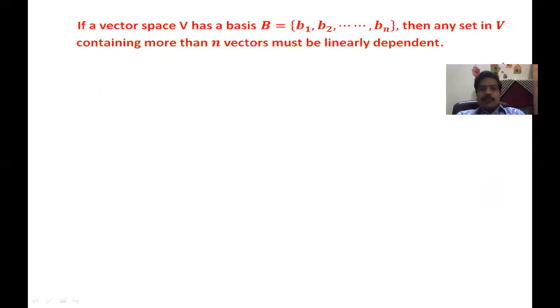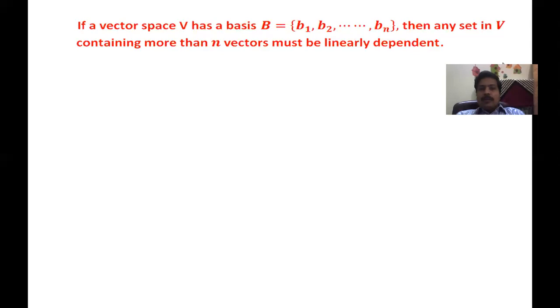So this is the first statement which we are going to prove now. If a vector space V has a basis B equal to the set of b1, b2 and so on bn, then any set in V containing more than n vectors must be linearly dependent.